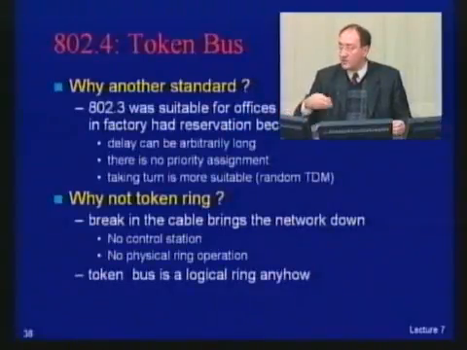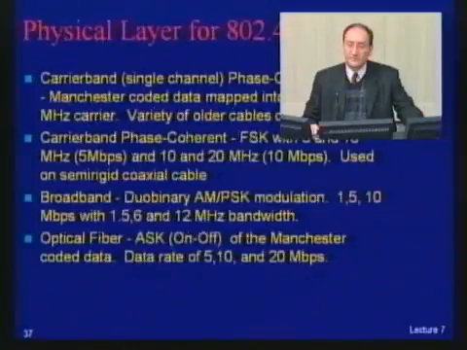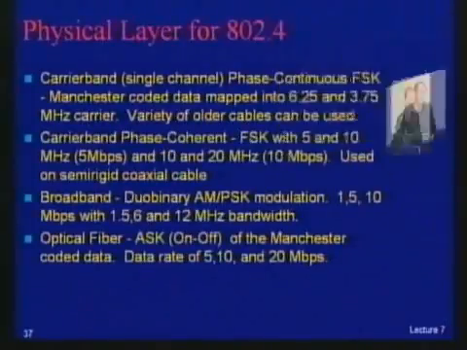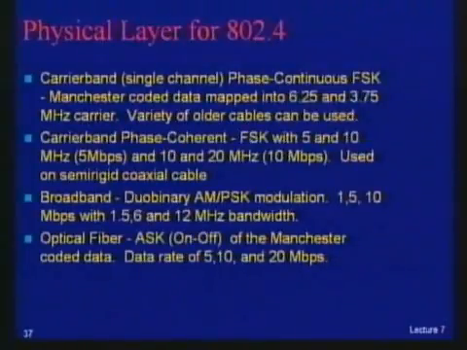If they are available, you can work on that. For that reason, the physical layers that they picked up were completely different from the physical layers that they picked up for 802.3 and 802.5. So basically, the major difference between 802.3 and 802.5 and 802.4 is the physical layer.